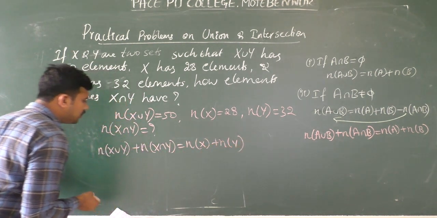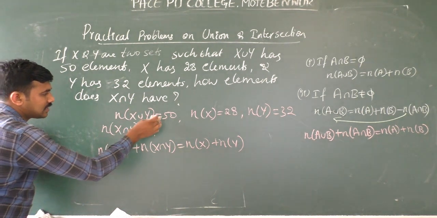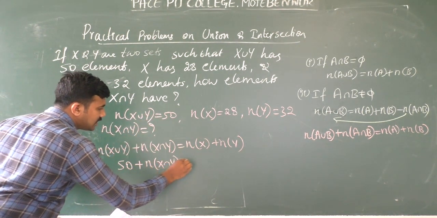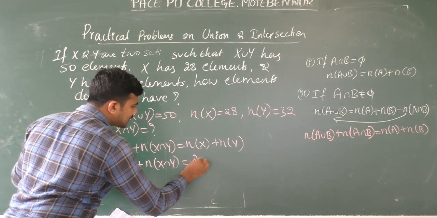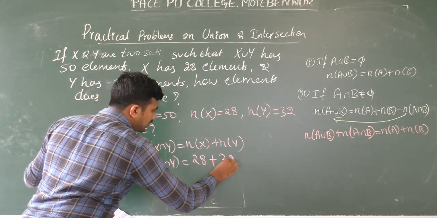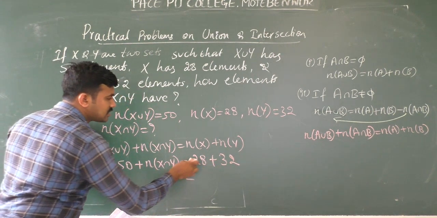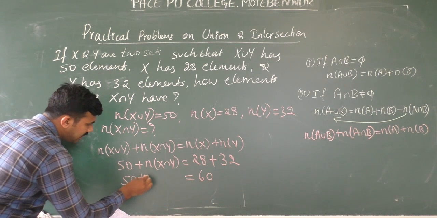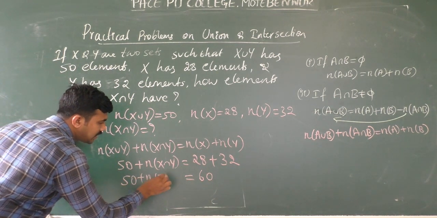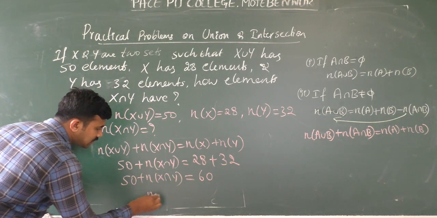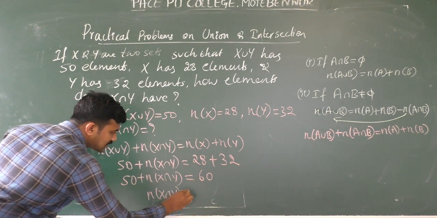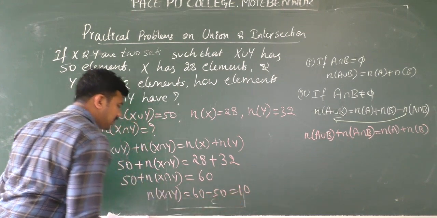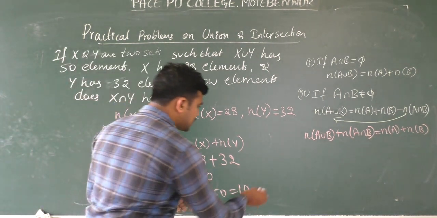Now substitute: n of x union y is 50, n of x intersection y is unknown, n of x is 28, n of y is 32, so we get 60. n of x intersection y is 60 minus 50, which is 10.